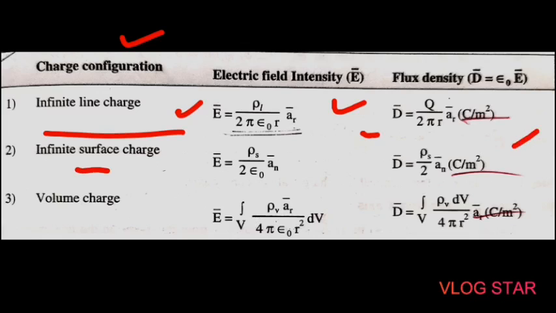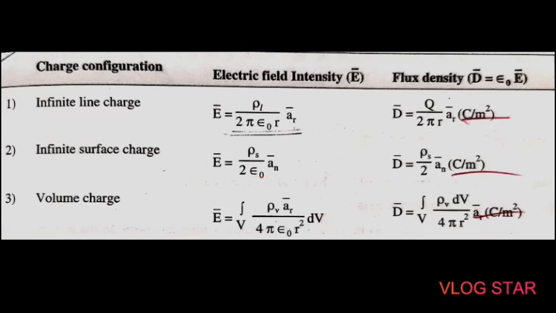The second condition is the infinite surface charge. The electric field intensity for the surface charge is given by E bar is equal to rho s upon 2 epsilon 0 a_n bar, and for flux density it is given by rho s upon 2 into a_n bar Coulomb per meter square. The third condition is the volume charge.